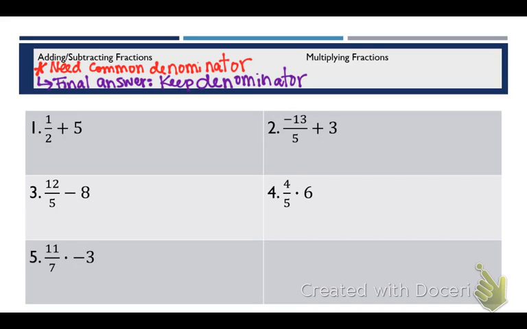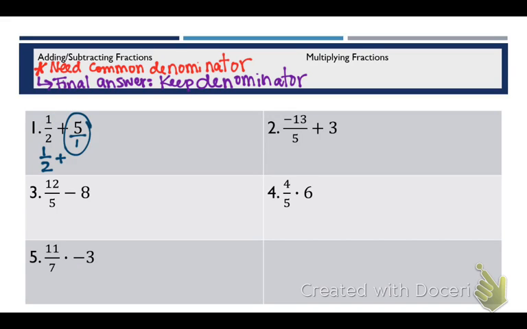So we're going to do our first 3 examples. So we got 1/2 plus 5 is the first one. 1/2 plus 5. So what denominator does 5 currently have? A 1. What do I want both the denominators to be? 2. So the first one already has a denominator of 2, so I'm going to leave it.